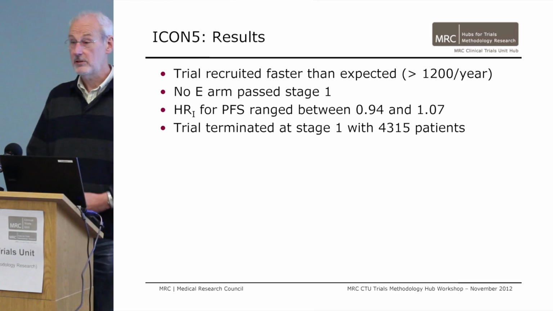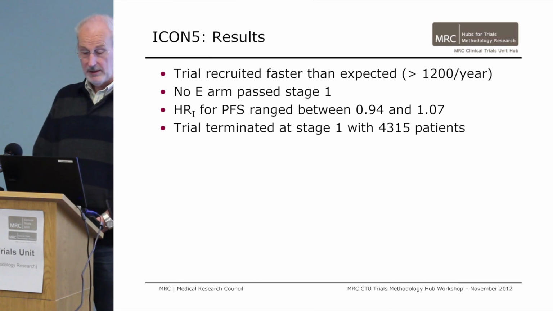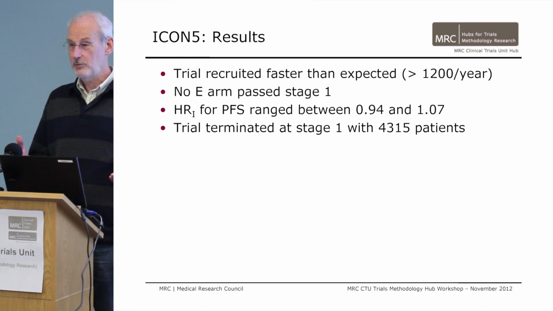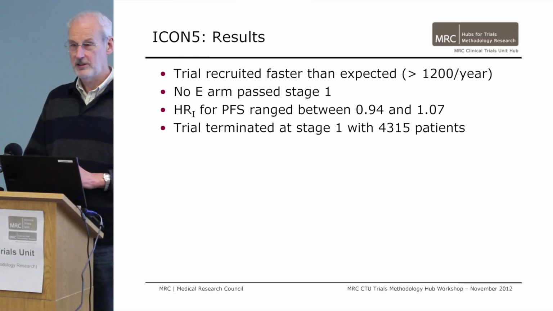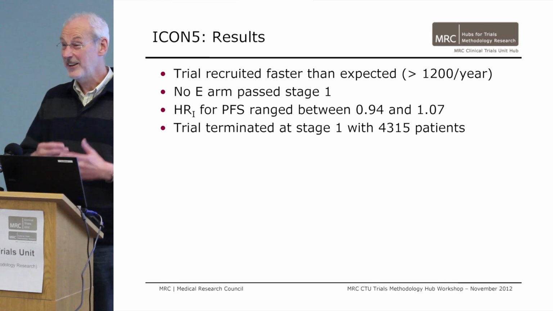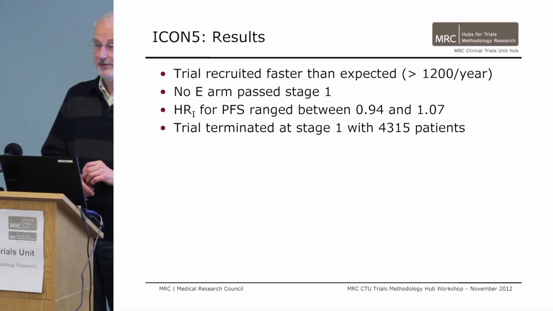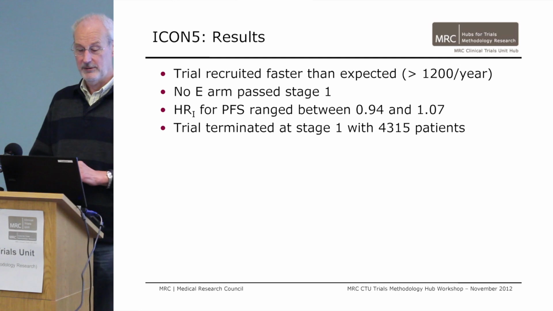In the event, this trial was reported a number of years ago, and it actually recruited a lot faster than expected. I think the recruitment rate was more than 1,200 a year. It was very popular. Stage 1 was eventually performed, the analysis on the PFS, and sadly none of the 4 experimental arms passed into the stage 2 analysis.